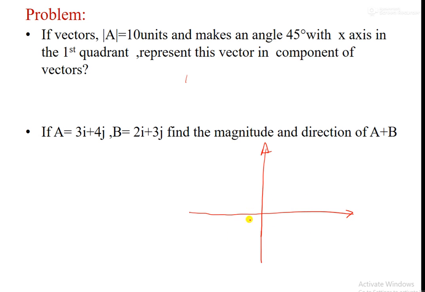In this quadrant, vector A is making an angle of 45 degrees, and the given magnitude is 10.